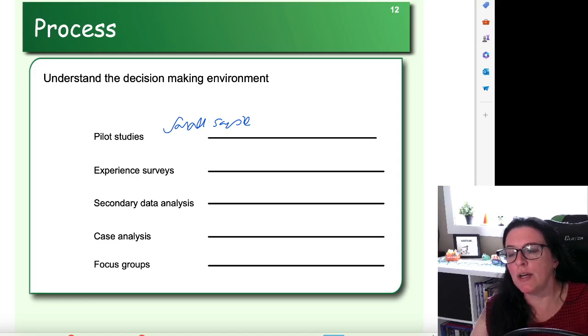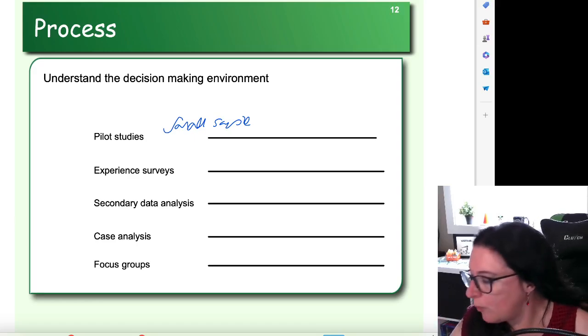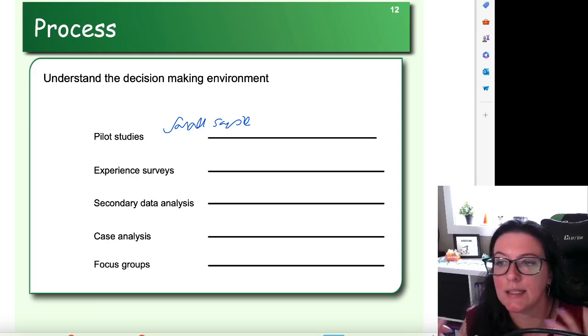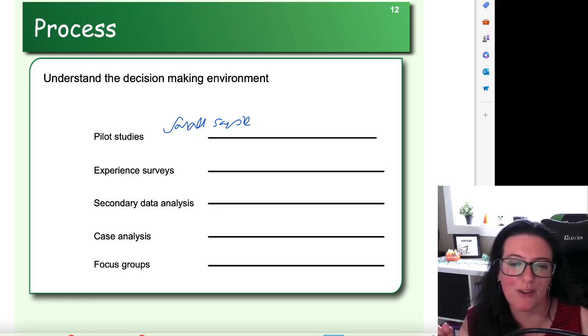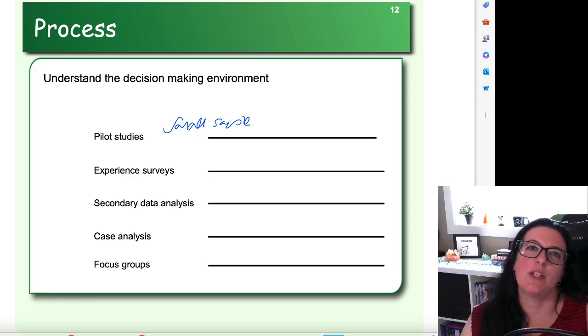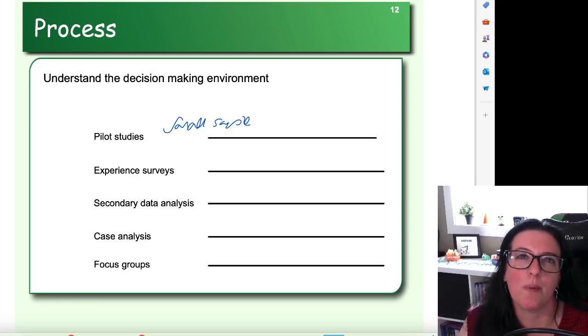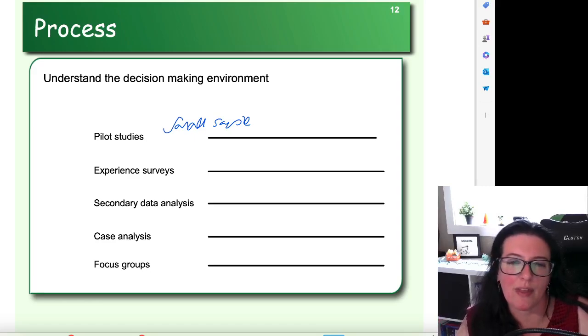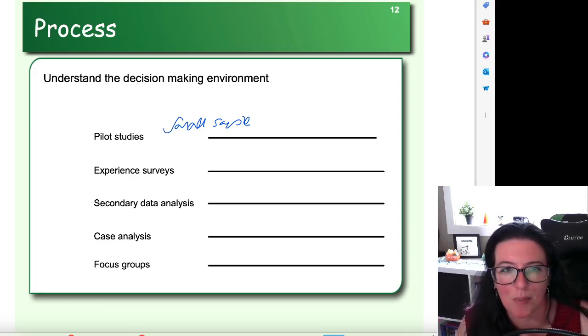So if we're looking at the operations of our organization, we might just collect a little bit of information. So maybe we're just going to talk to a couple people in our pilot study. So we're just going to have a couple conversations, just do some interviews with a small group to see, let's say we talk to the different sales associates. What are people buying? Why do you think they like our product? What do you think they dislike about our product?